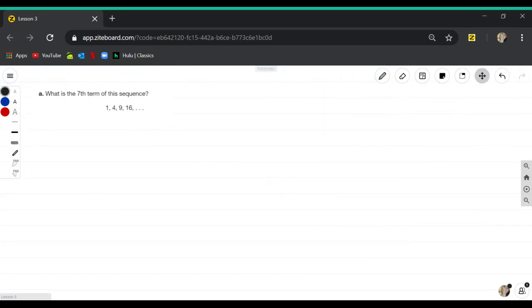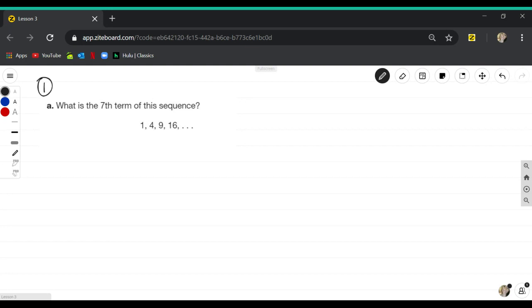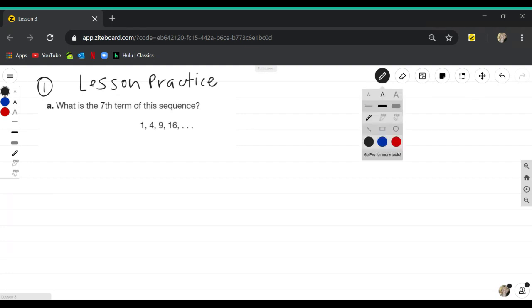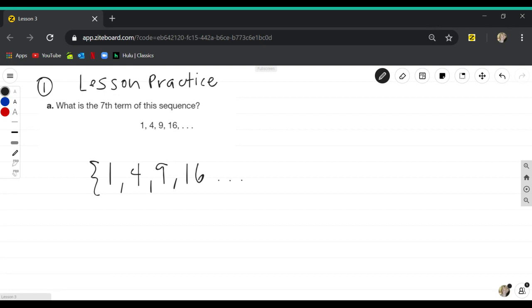Okay, so now this is a problem on your lesson practice. This is the first problem on lesson practice. It gives us, what is the 7th term of the sequence? We have 1, 4, 9, 16, and so on, right? The dots mean that it goes on.